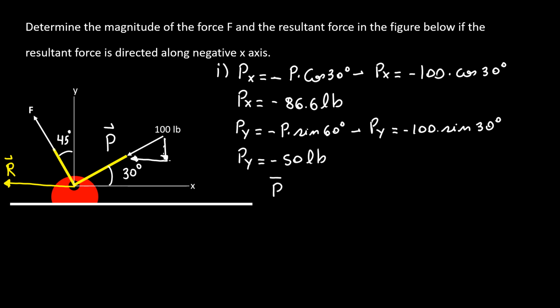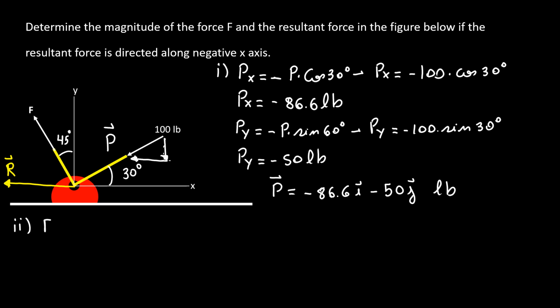So Py is equal to minus 50 pounds. Our vector form of P is equal to minus 86.6 i minus 50 j in pounds. Here, since we don't know the magnitude of the force F, I'm gonna do it real quick.